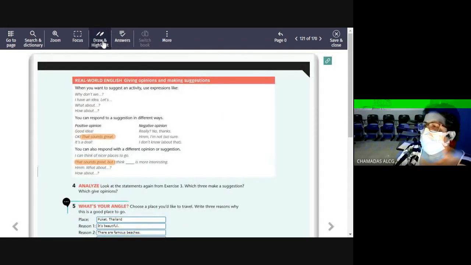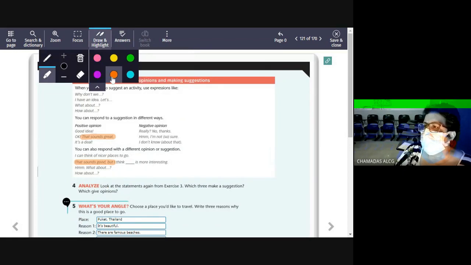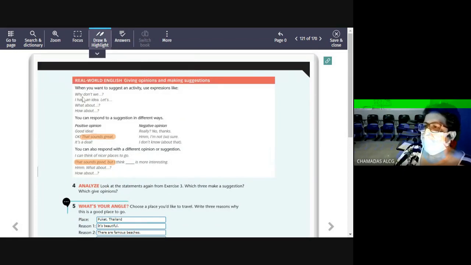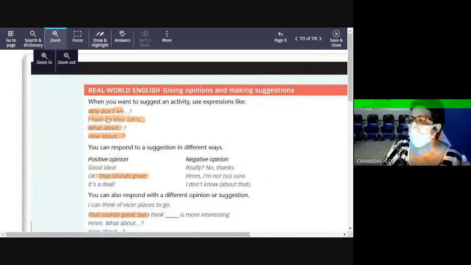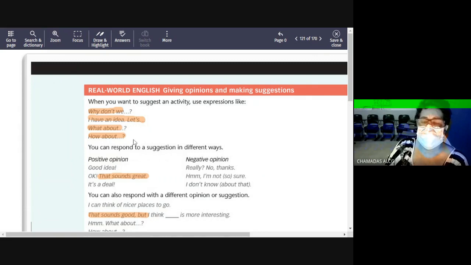And here, let me highlight the ways to make a suggestion. We can say, why don't we, or I have an idea, let's do this, or what about this or that, or how about, they are similar. Just remember, guys, that when you use how about or what about, you can use a noun or a verb after that.